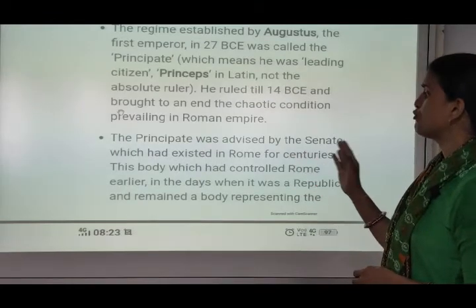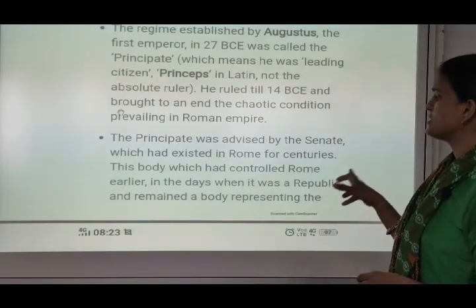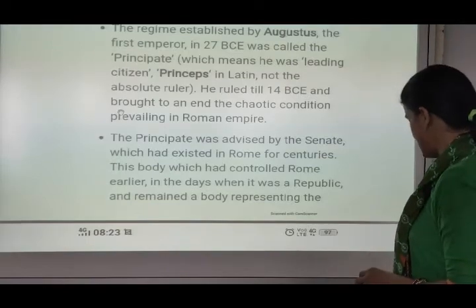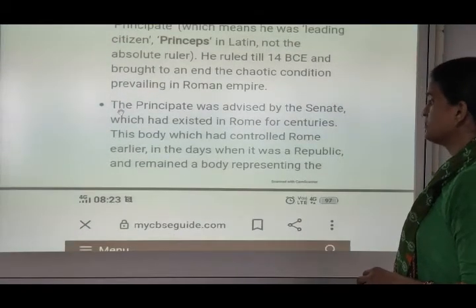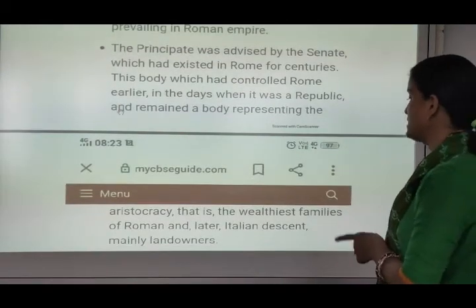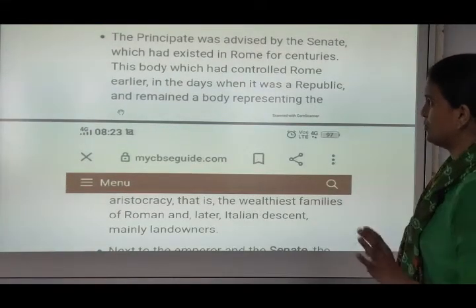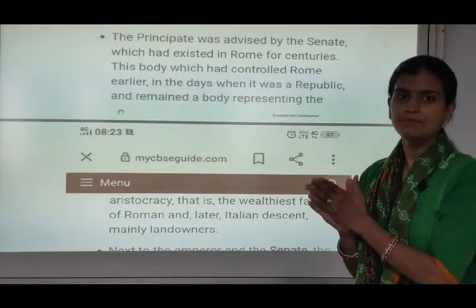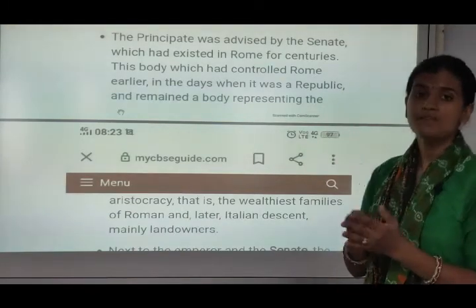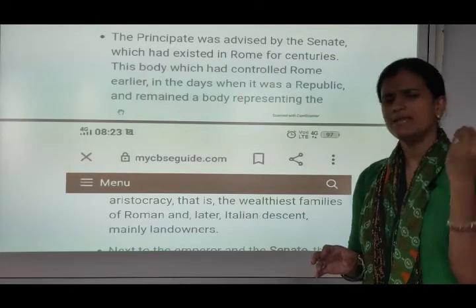This body had controlled Rome earlier in the days when it was a republic and remained a body representing the aristocracy, that is the wealthiest families of Rome and later Italian dynasties and many landowners. This body controlled the Roman Empire for many years.